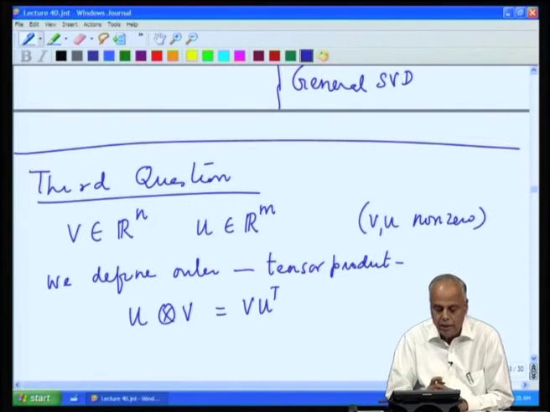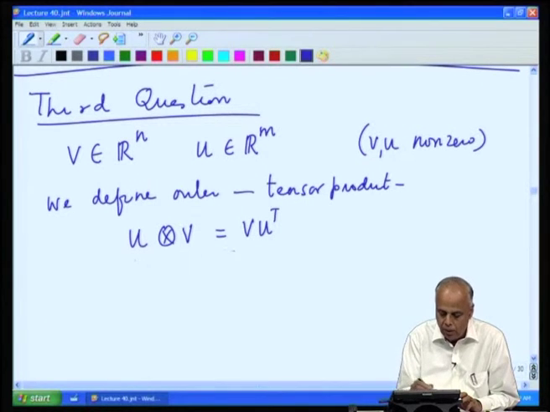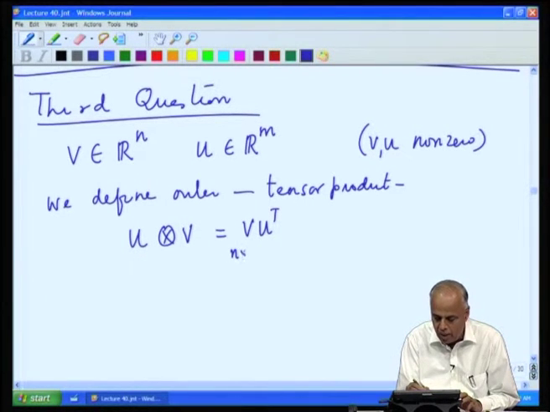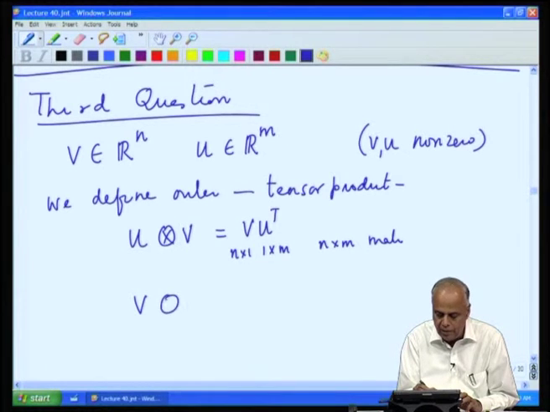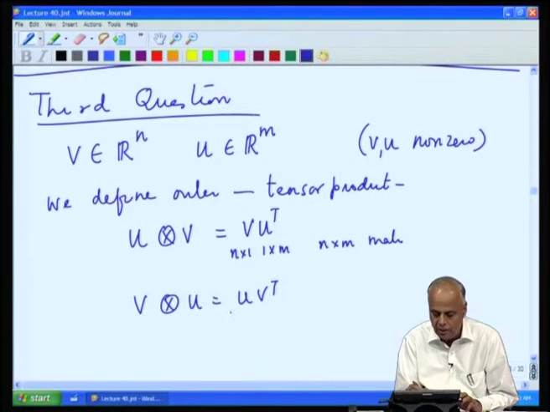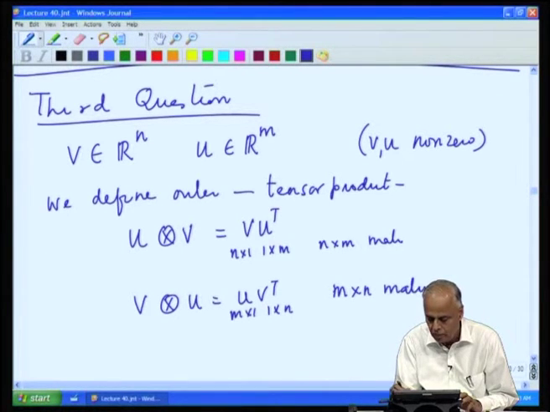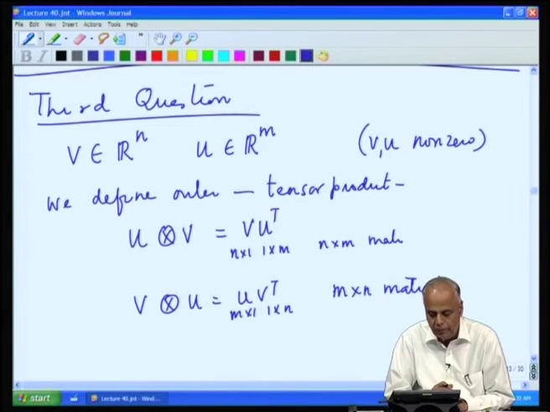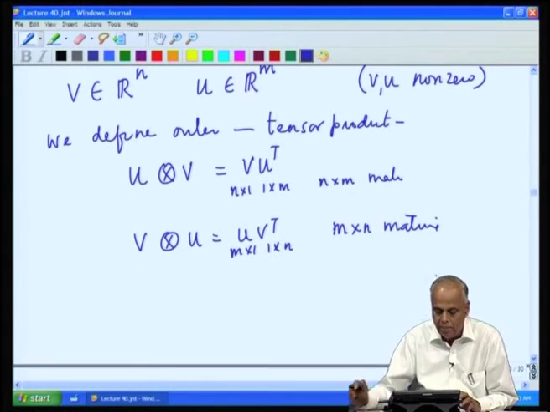So, in that case what will we get? v is n by 1 and u is m by 1, so we get an n by m matrix. If we take v tensor u, then it will be u v transpose, and this will be m by 1 and this will be 1 by n. So, we get an m by n matrix, u v transpose.